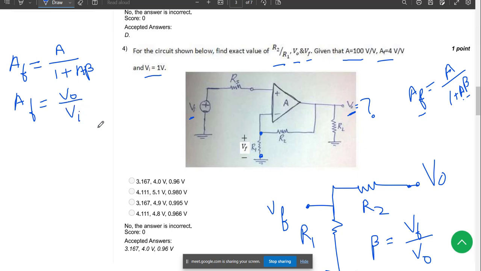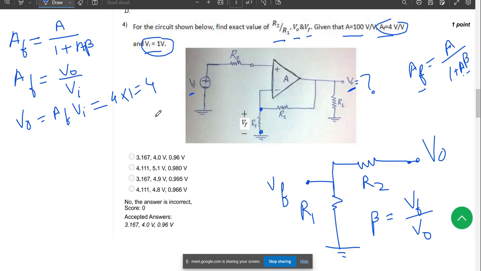Any doubt till here? No, ma'am. From here itself, we can get the value of VO. VO will be AF into VI, right? We know the value of AF, we know the value of VI. We'll put it, we got 4 into 1 equals 4. Okay, now let's go ahead.